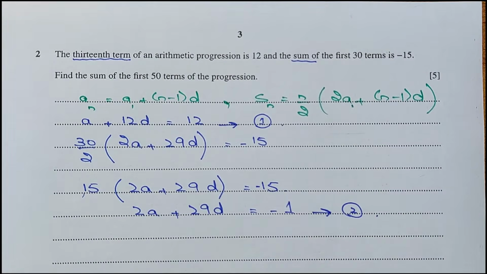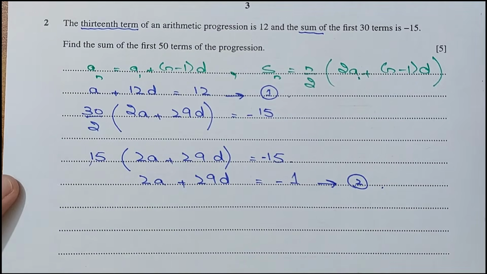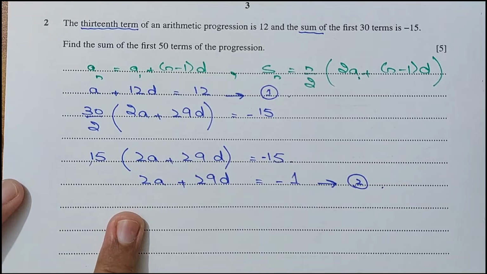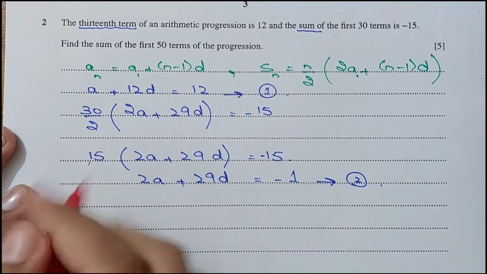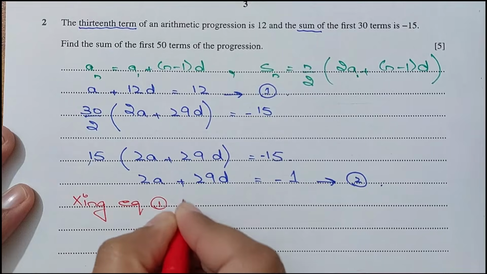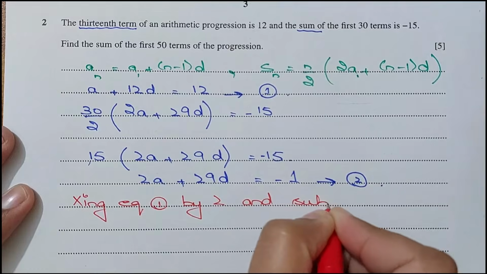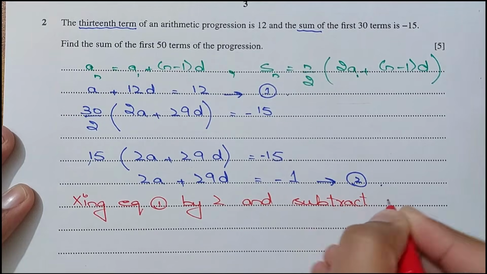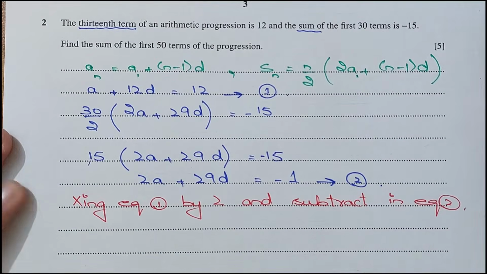Now we have two equations in a and d. We can solve this system of linear equations by using the method of substitution or elimination to get the values of a and d. If I multiply the first equation by 2 and subtract equation 2, let's do this.